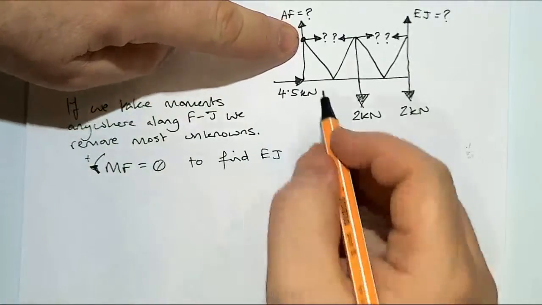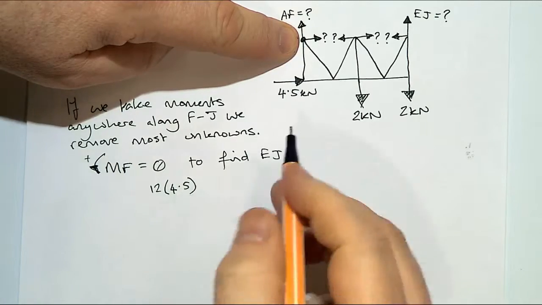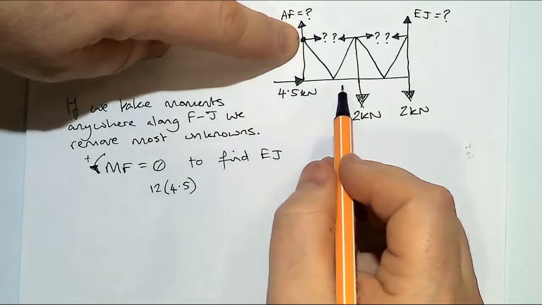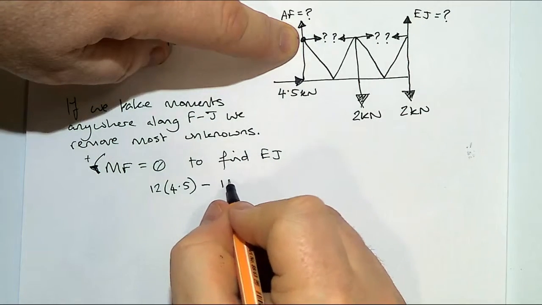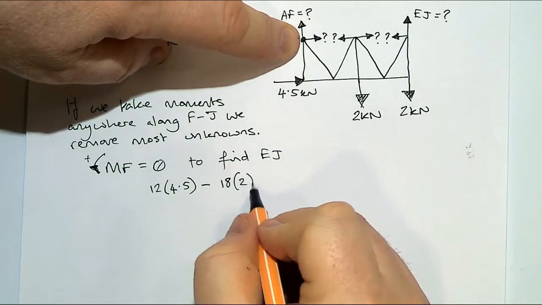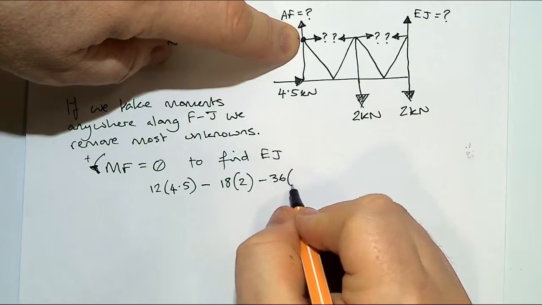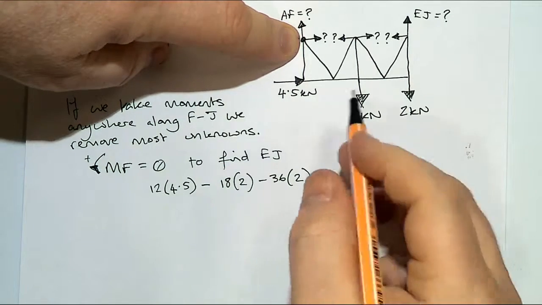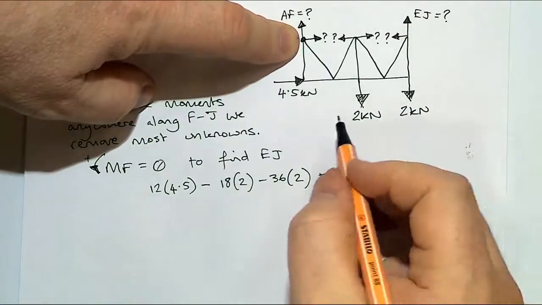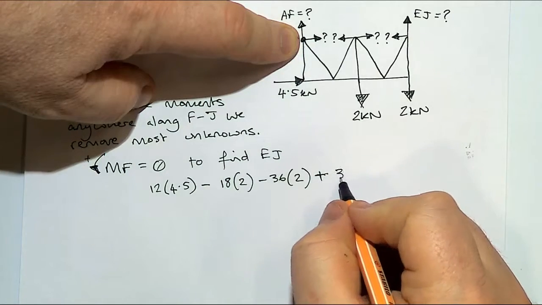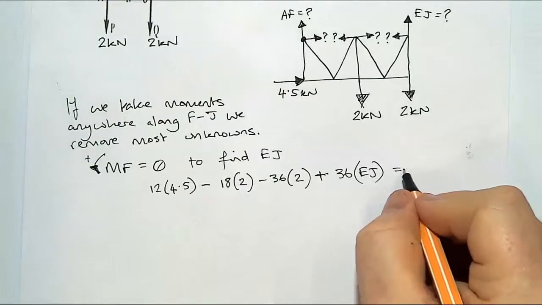So if I'm taking moments around there, I've got 12 times by 4.5, and then I've got this distance 18 times by 2, and 2 18s 36 times by 2, and then we've got 36 times by AJ equals 0.